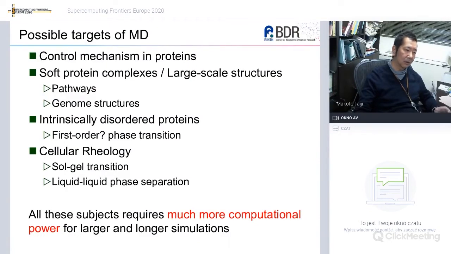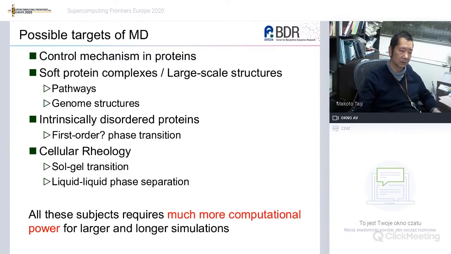Our main target is proteins and also other biological molecules. The target is to understand the control mechanism in proteins, protein complexes, large scale structures of proteins, biological pathways, or genome structures. And of course, sometimes we have to study intrinsically disordered proteins like amyloid fibrils, and we want to study phase transitions in such disordered proteins.